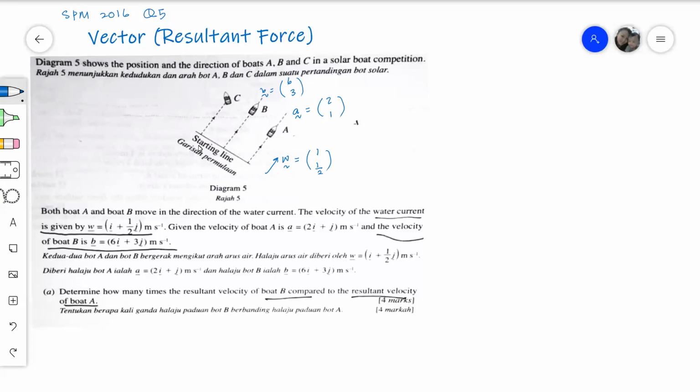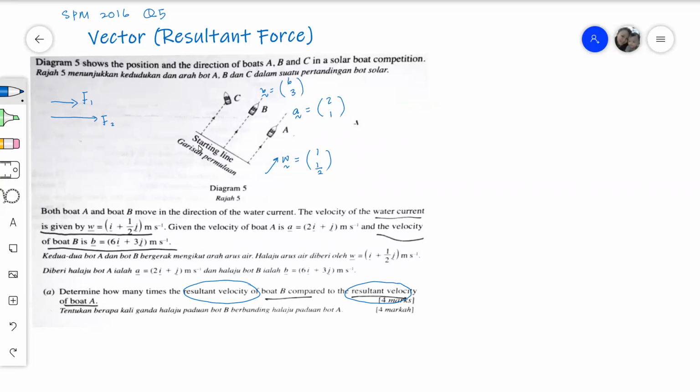Okay, so how do we solve part A? Part A wants us to find the resultant velocity of boat B and its relationship with the resultant velocity of boat A. Now, to solve this question, we need to understand the resultant force. Given force 1 moving towards the right, on top of that, we have another force acting upon the same object in the same direction.